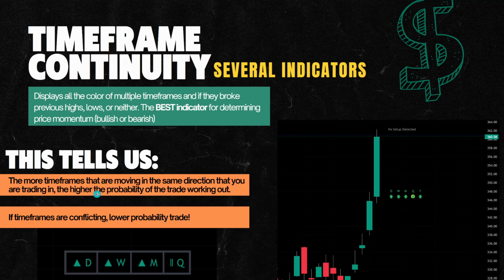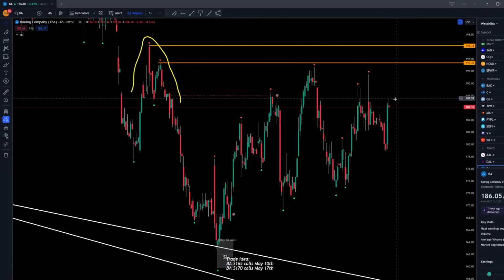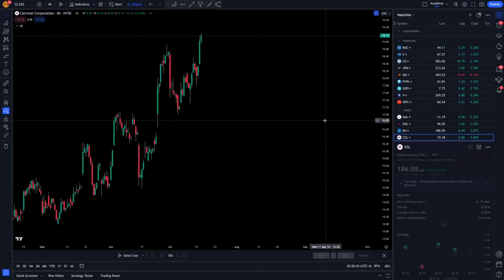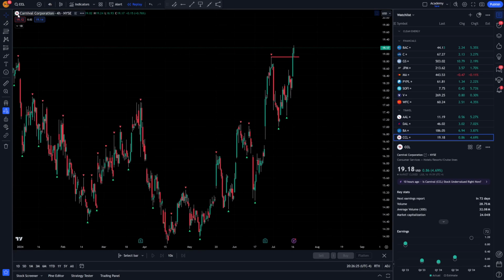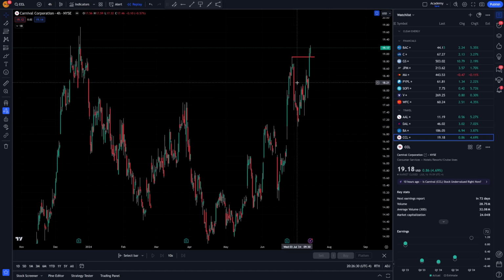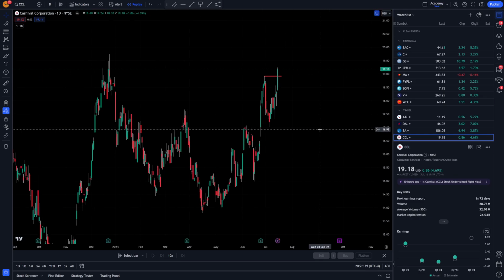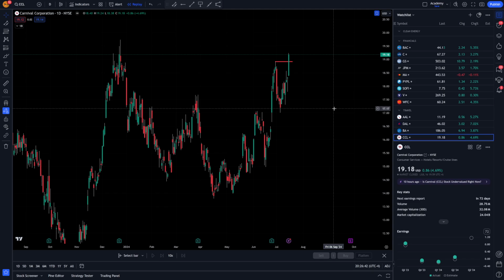The more you have, the higher the probability of the trade working out. So to all of my AutoStratic people who have been using AutoStratic or using the strat score, the score is highly affected by how many time frames are in consistency. And when you have more, that means it's a higher probability trade.